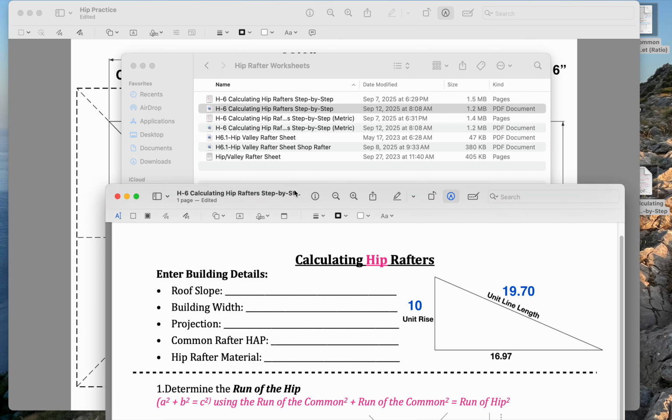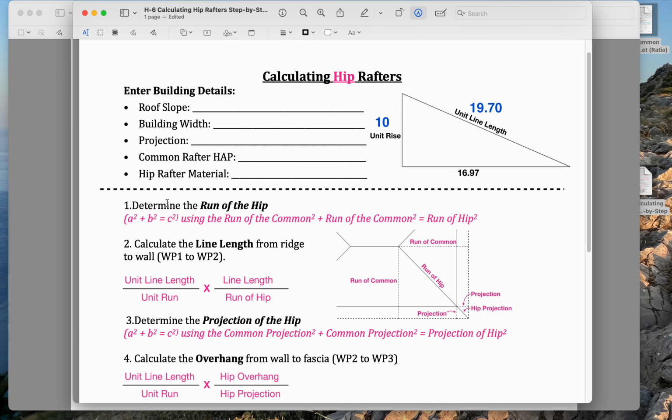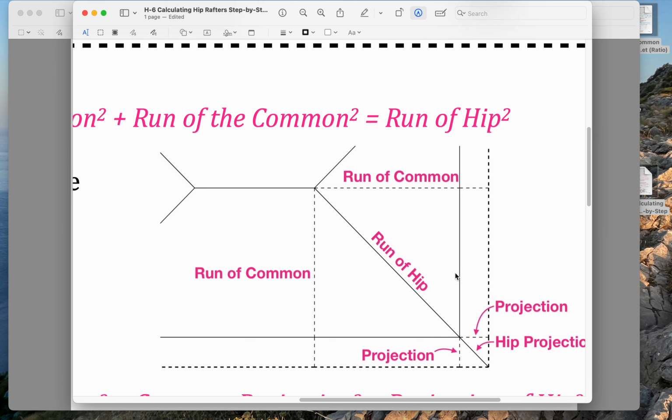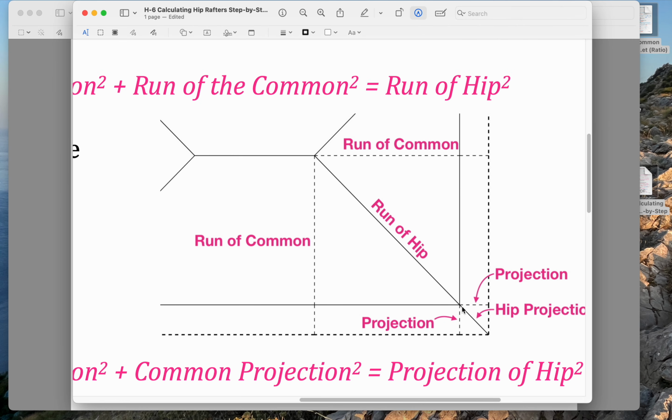Okay, all right, so let's look. We need to determine the run of the hip. So the hip, as we can see in this picture here, the hip rafter runs from the corner to the ridge at a 45-degree angle, right? So what we do is we figure out, well, the run of the common rafter, this distance from the corner is the same as the run of the common.